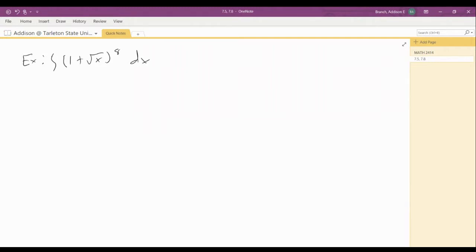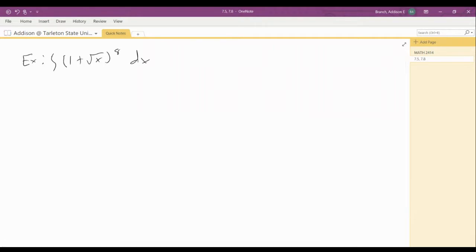Step 1 would be to manipulate the function, but really the only thing we could do would be to expand this. The only thing is that we are going up to the power of 8, so I would not recommend trying to expand anything higher than like 3, maybe 4 if it's something really, really simple. So because of that, I would actually not expand this one.